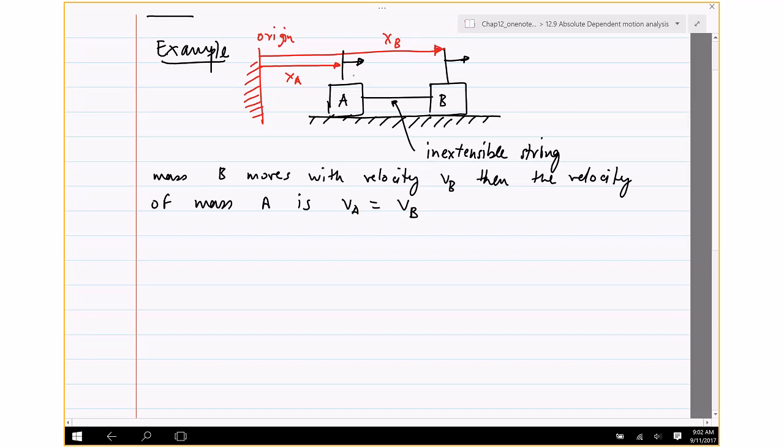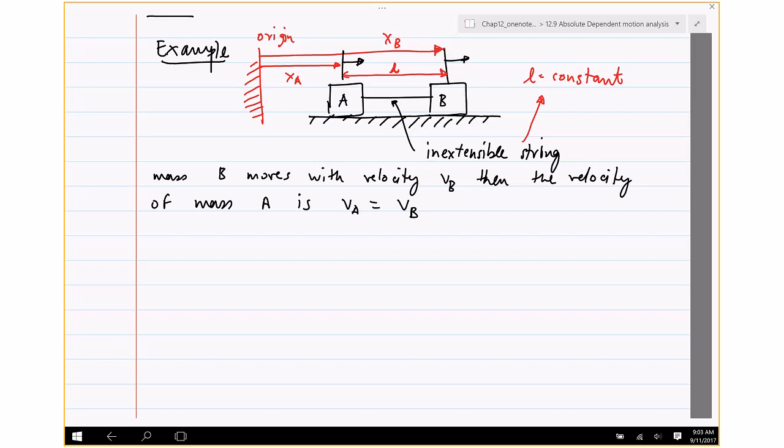And this L is really the length of the string plus half the width of block A and B. Okay, but that length pretty much doesn't change with time, right? L is constant. It's constant because the string is inextensible. If it was extensible, then you would see that L will change as a function of time.